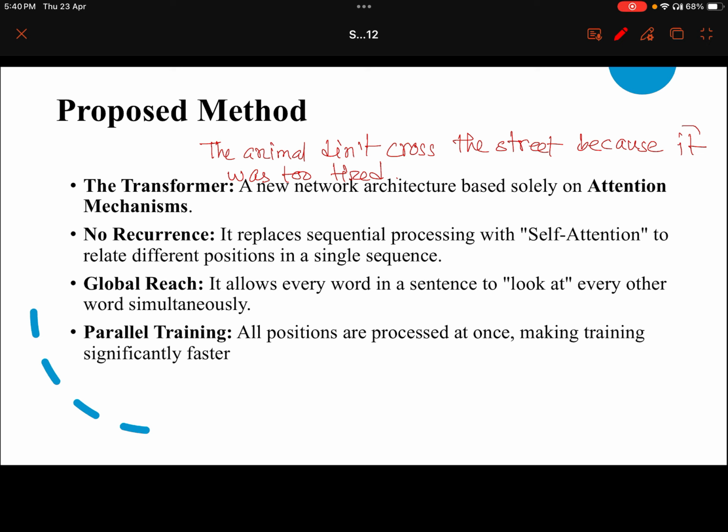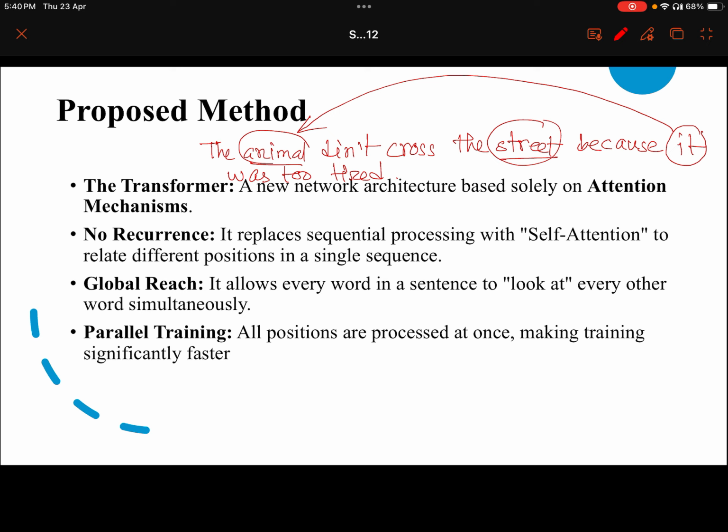Now, if we see this, "it" definitely refers to the animal, not the street, right? So it obviously refers to the animal, not the street. Self-attention allows the model to directly learn this relationship.